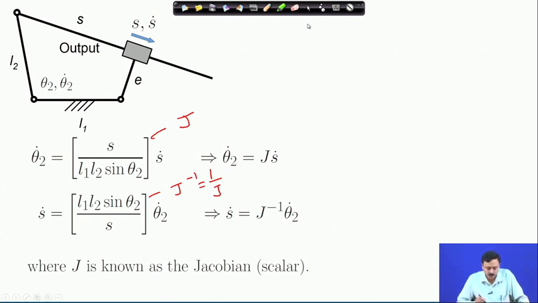So, we have the Jacobian. So, these input output velocity relations are linear and related through the Jacobian.